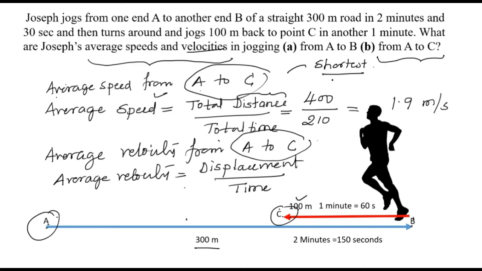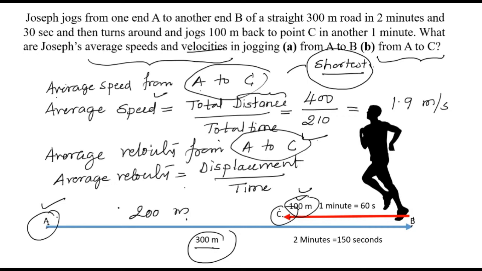And you know that displacement is nothing but the shortest distance between A to C. And what is the shortest distance between A to C? 300 minus 100, that is 200 meter. If you want to go from A to C by the shortest distance, it will be 200 meters. But what about time? Time remains same.